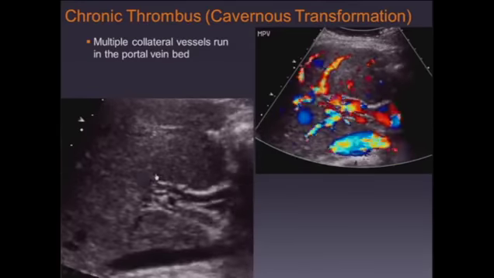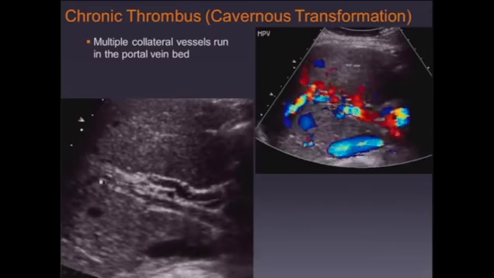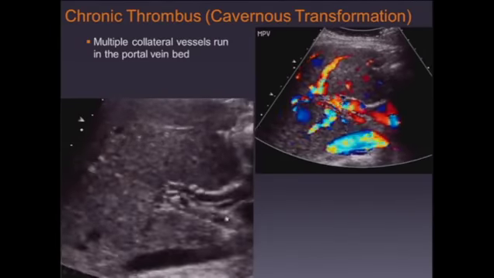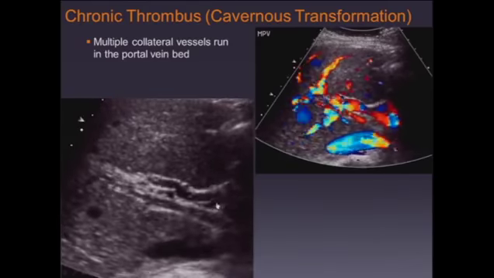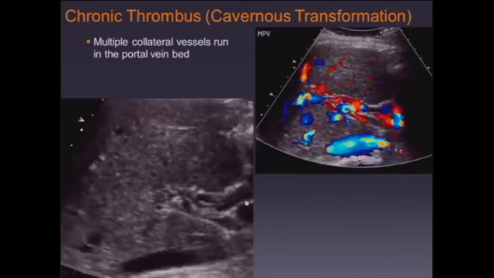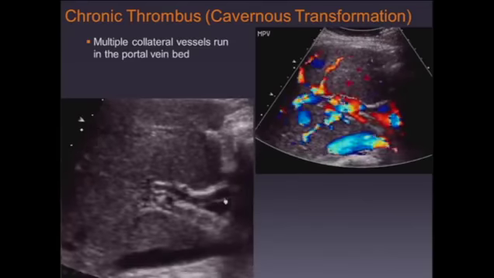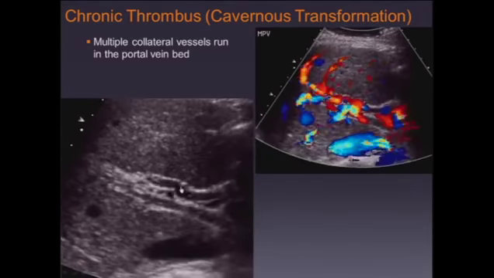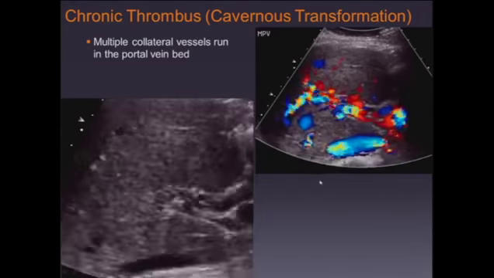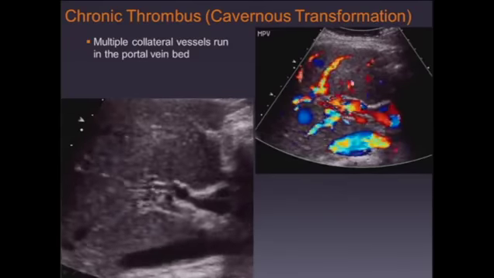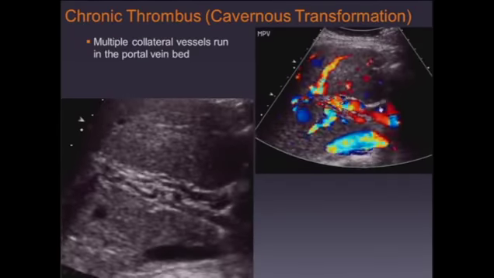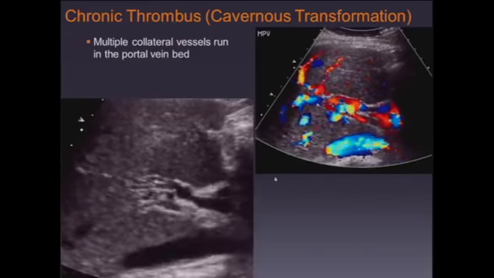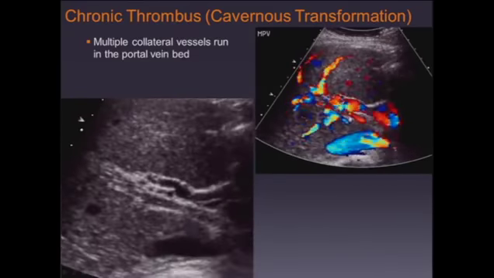On the grayscale image here, instead of a single hypoechoic vessel running into the liver, we see an echogenic portal vein in which is embedded multiple tubular structures consistent with collateral vessels. And this is the color Doppler image of this patient, showing that the multiple tubular structures are actually small collateral vessels.